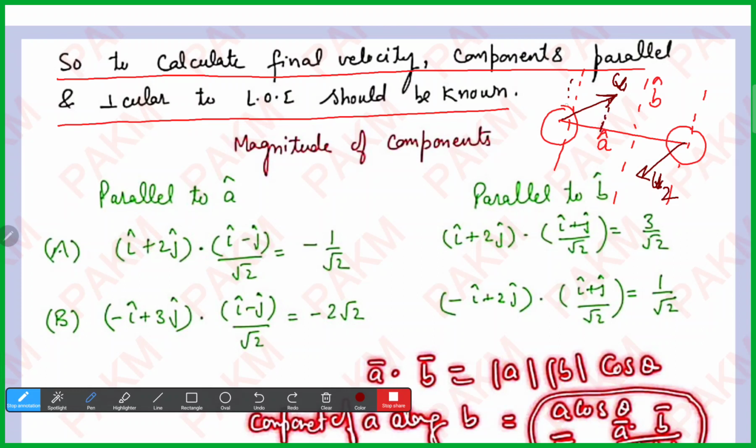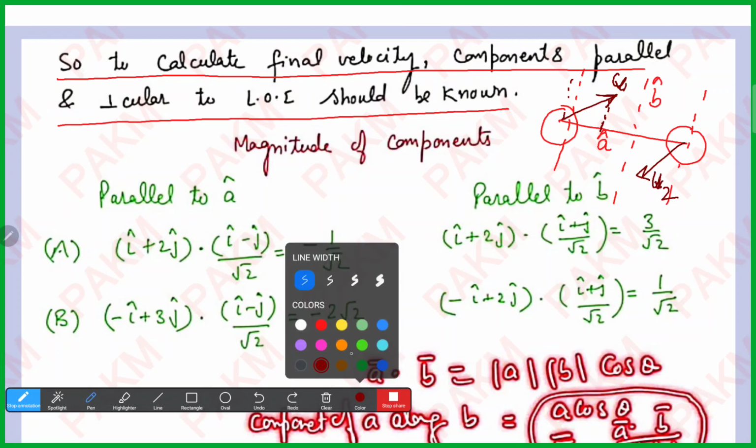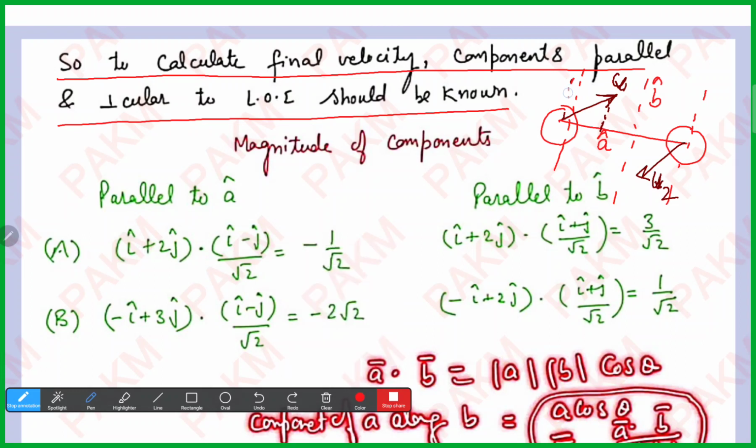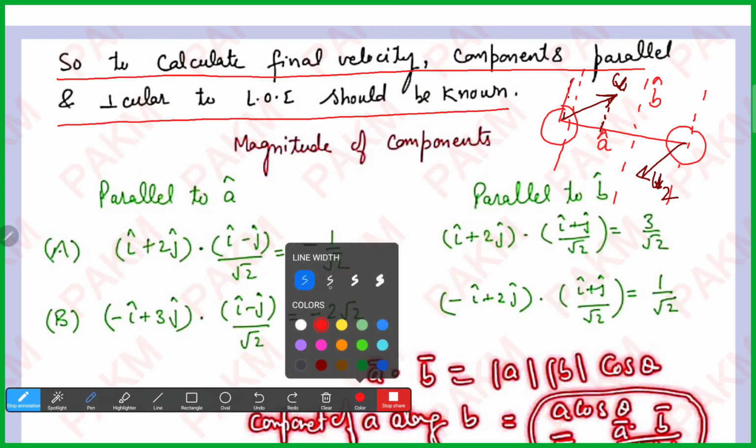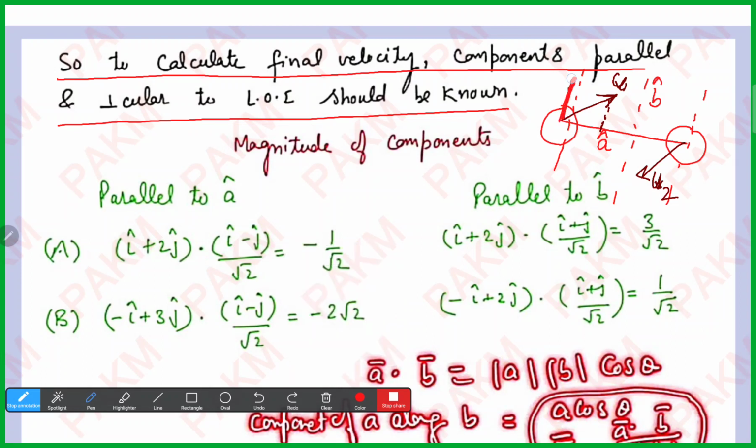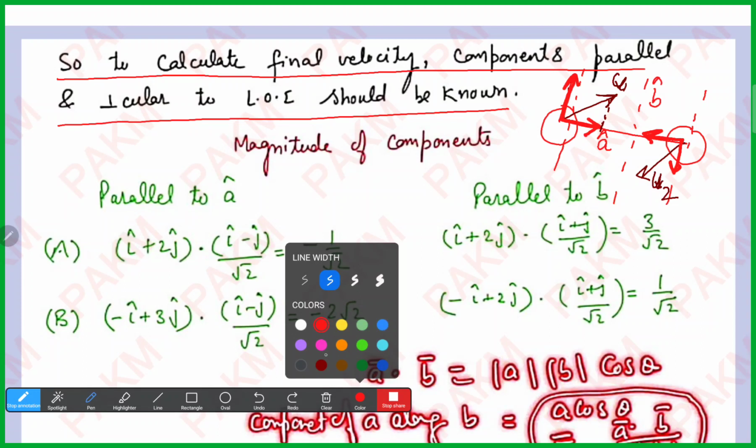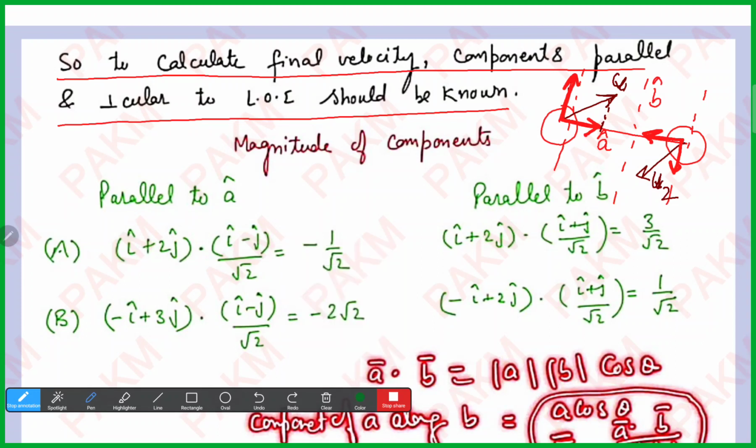So how will we calculate these? In 2D motion, as I told you, there are two components, perpendicular and along the line of impact. So how will we calculate these vectors?